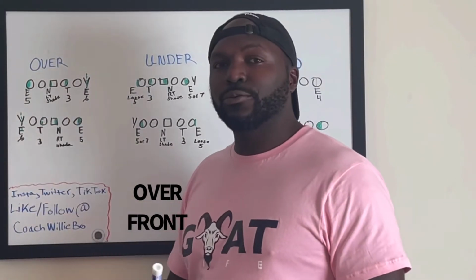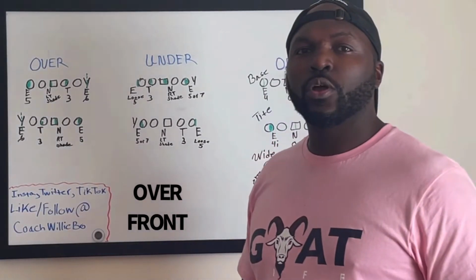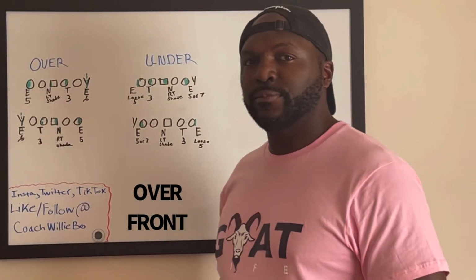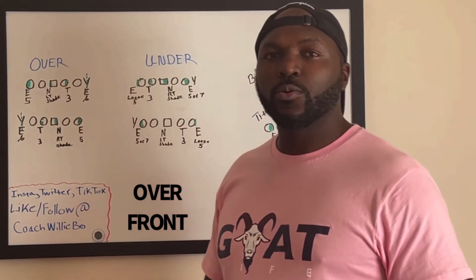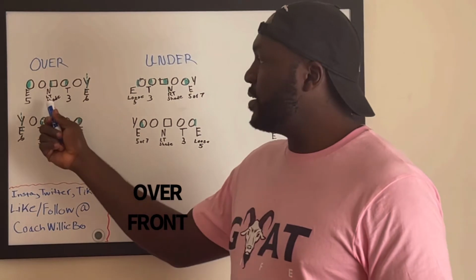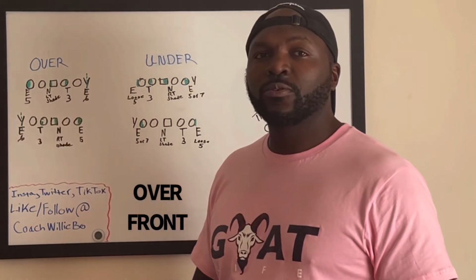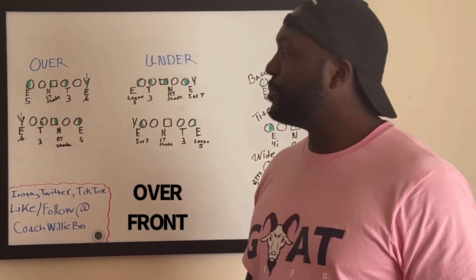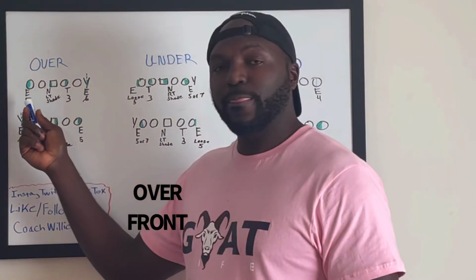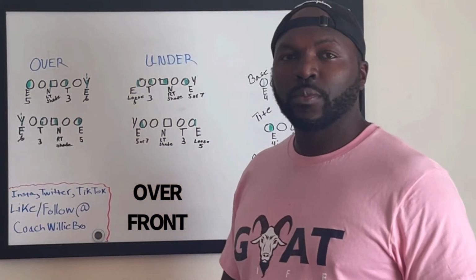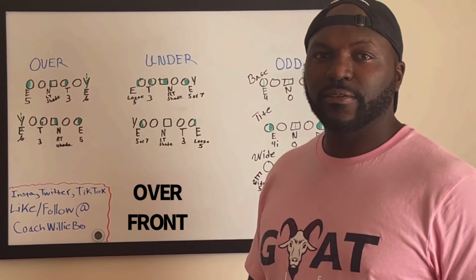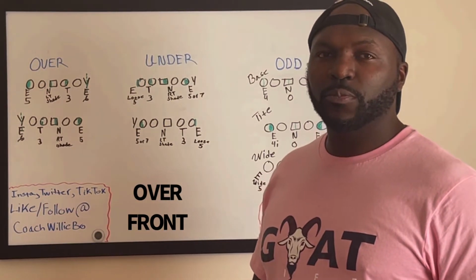The nose tackle will be aligned to the open side. The nose tackle will align in a shade and be responsible for the A gap. The end to the open side will be aligned in a 5 technique, and that end will be responsible for the C gap.